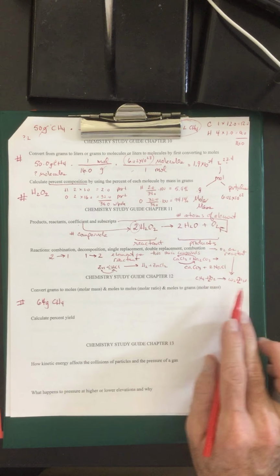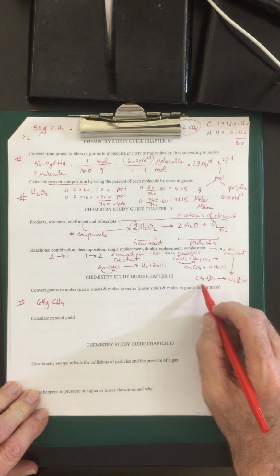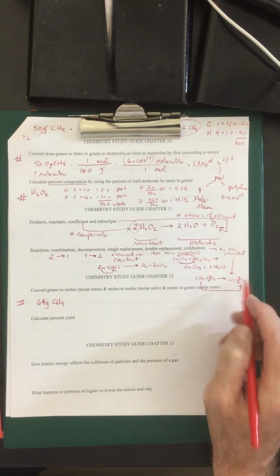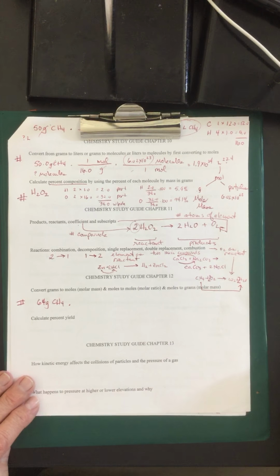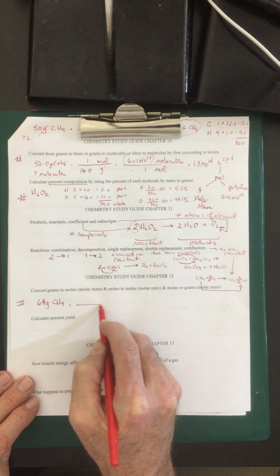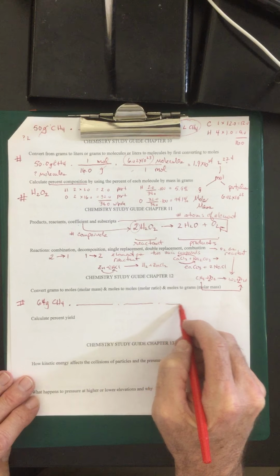We'll need that for the molar ratio for this problem. We want to convert from the methane to water. So if I have 64 grams of methane, how many grams of water will I get from this equation? So it's a grams, moles, moles to grams. So it's going to require 3 steps to do this. So here's 1, 2, and 3.